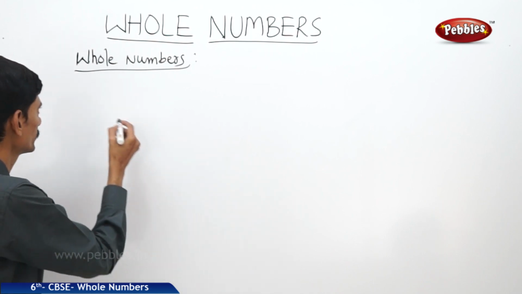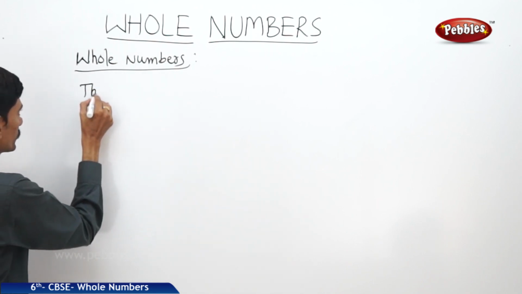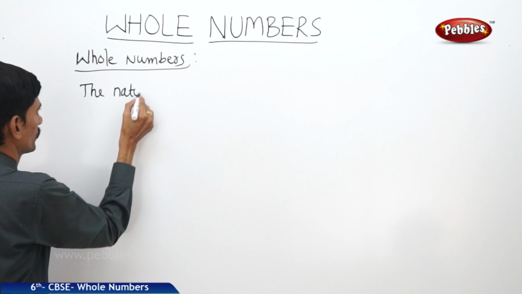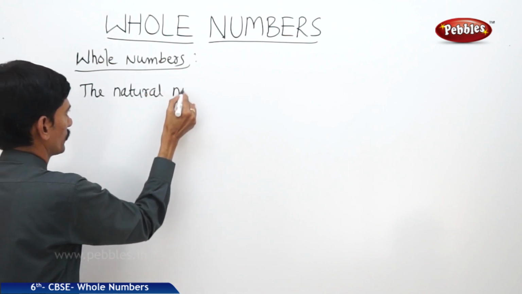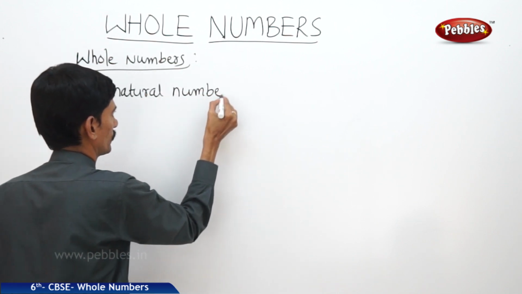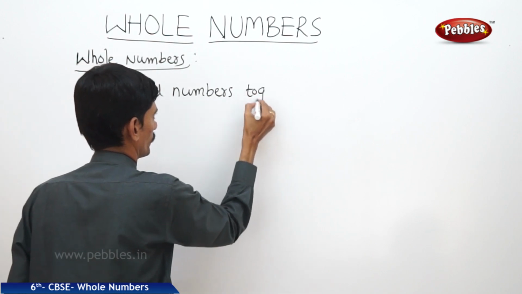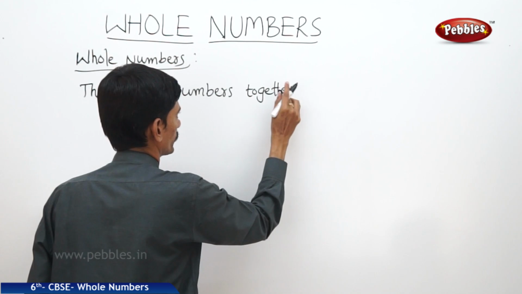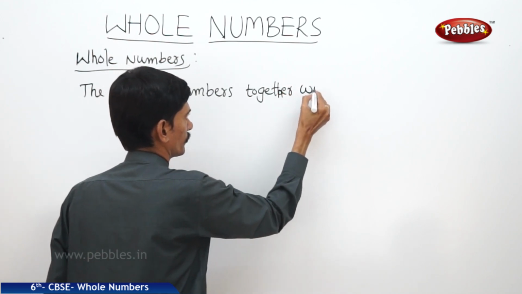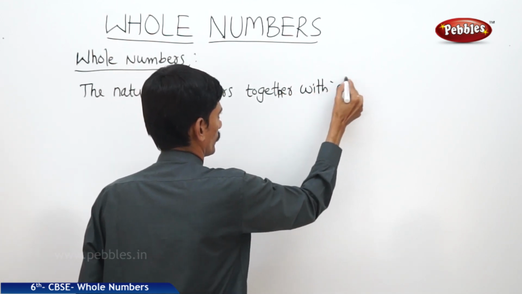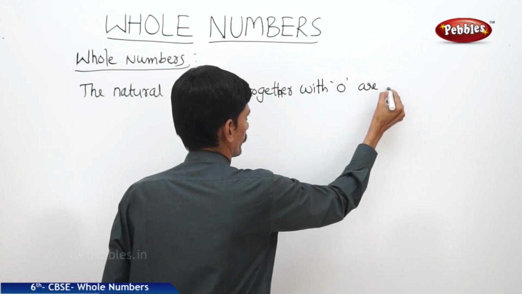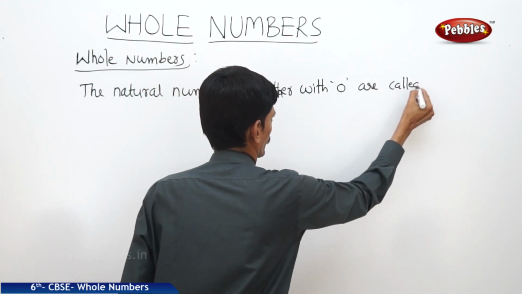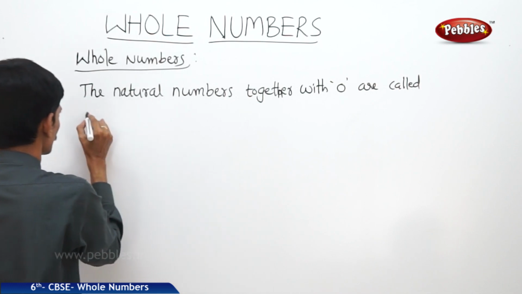So here we can write the natural numbers together with 0 are called whole numbers.